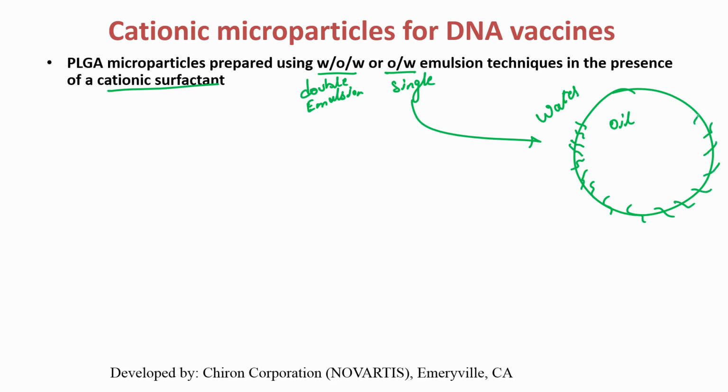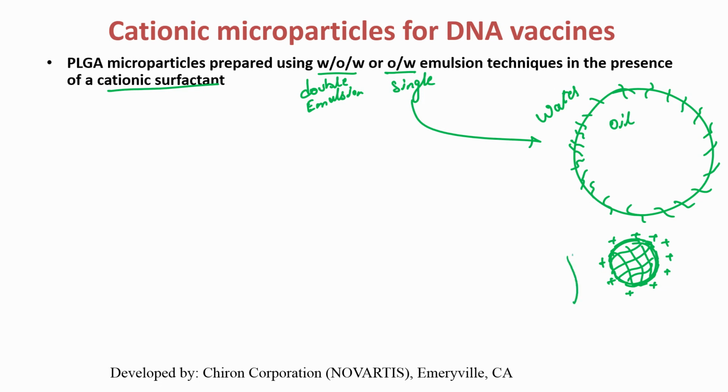Because it is lining up at the interface, when the oil evaporates and the particle forms, the eventual particle will also have the surfactant layer on its surface. If the surfactants are cationic, then you end up with a cationic particle, and obviously the PLG chains are here. So this is now positively charged.